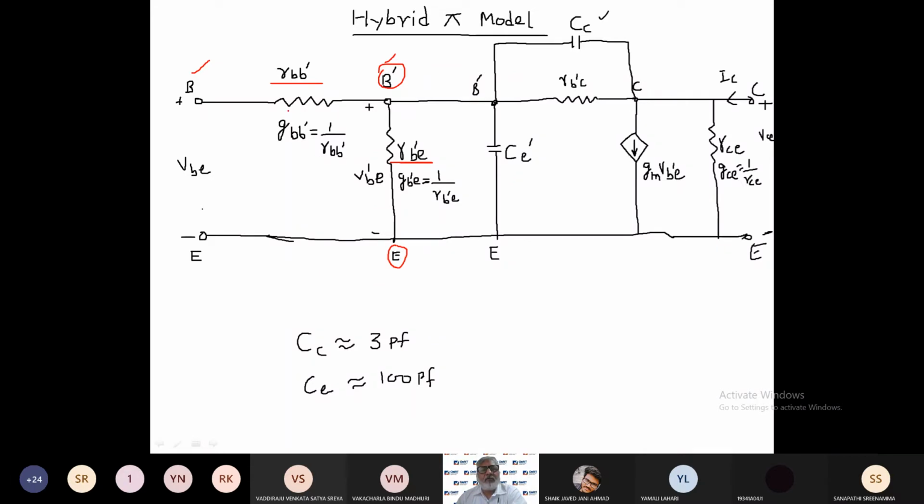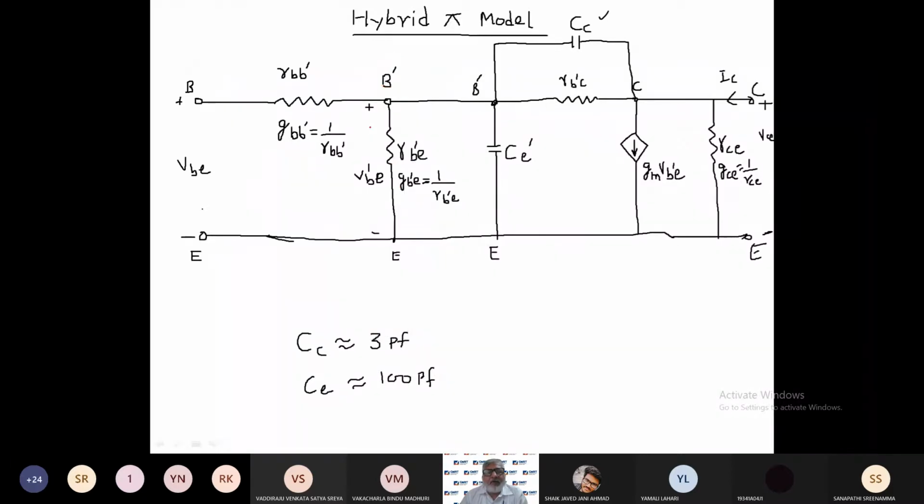Now these resistances I have also expressed in terms of conductance. So here GBB dash is equal to 1 by RBB dash, since conductance is 1 by resistance. Same way GB dash E will be represented by 1 by RB dash E. Okay, right.